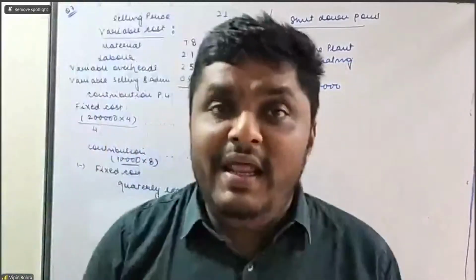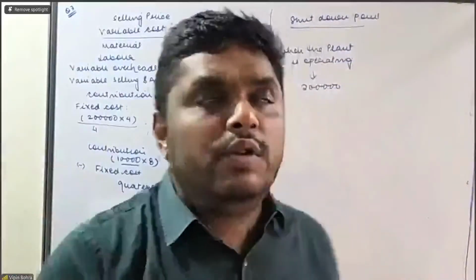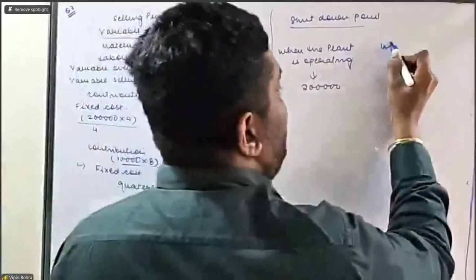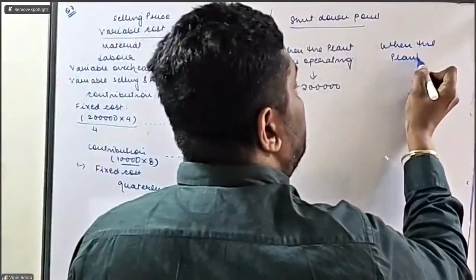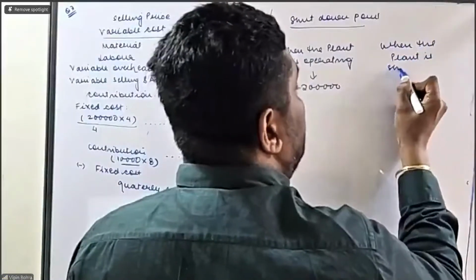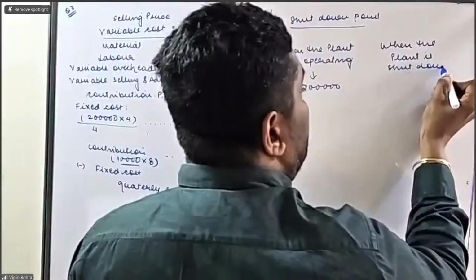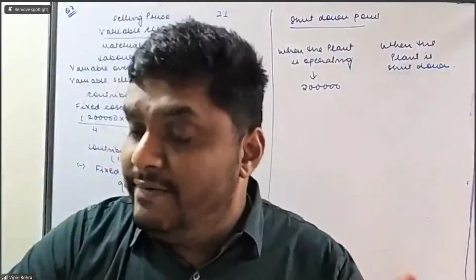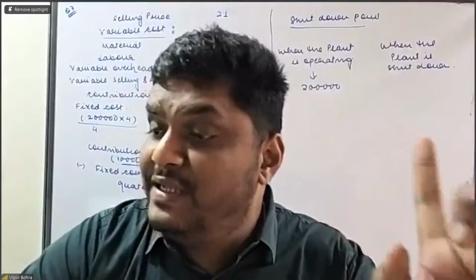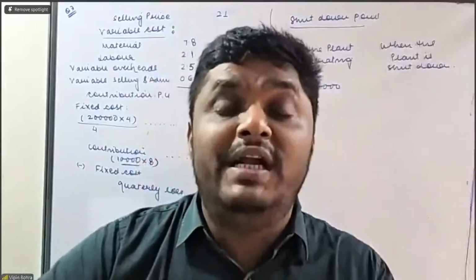But if we are shutting down the plant, it is given in the question that the fixed manufacturing cost can be reduced to 74,000.